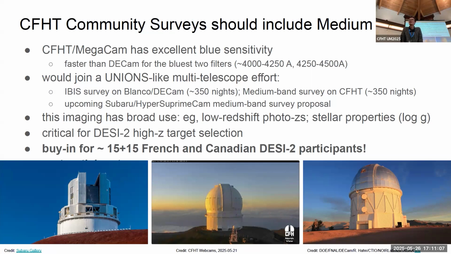I think unfortunately it can't, because the calcium H and K goes from about 3,900 to 4,000 angstroms, and our bluest filter starts at 4,000 angstroms, so it directly butts up against it. So you don't get those calcium lines in our bluest band, but you do get a lot of other metals going on.